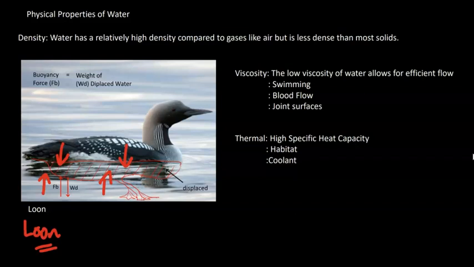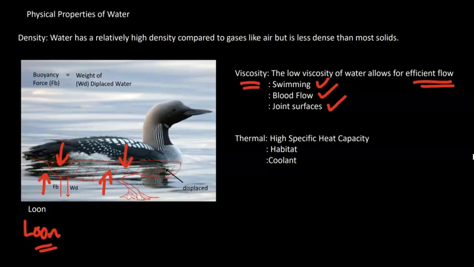Other properties that emerge from the physical properties of water is viscosity, the capacity or the efficiency of flow, making water suitable for swimming in, for blood flow, and also for the movement at joint surfaces, such as with synovial fluid, reducing the friction at surfaces.